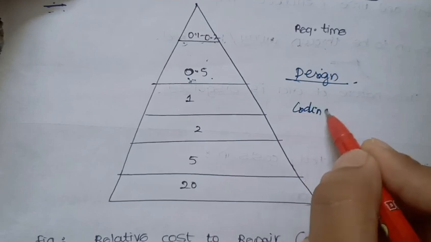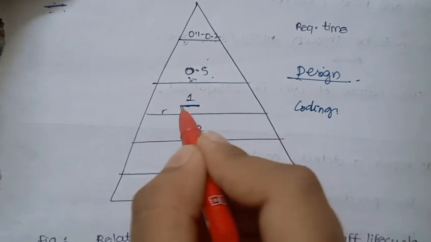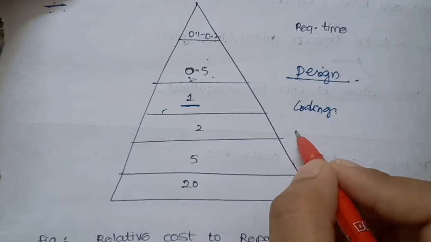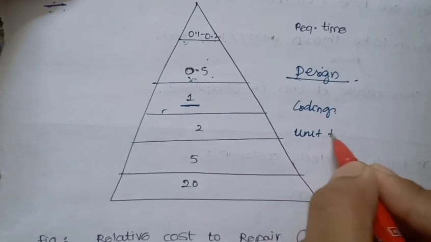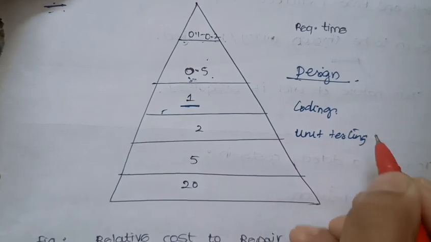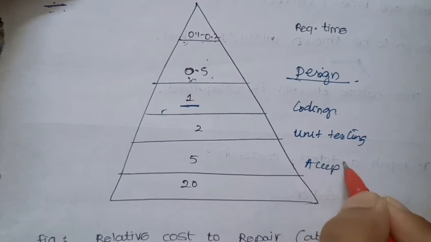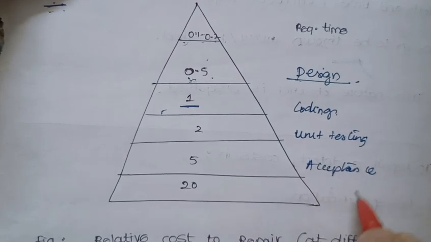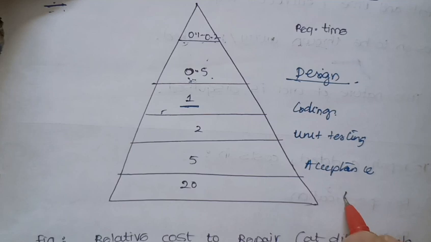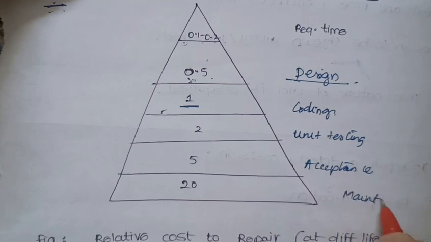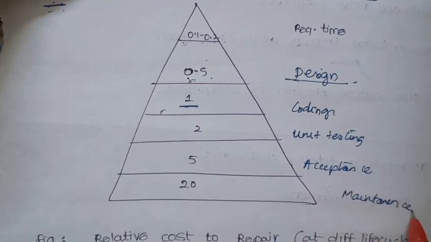In the coding phase, it is 1, and for unit testing it is about 2, and for acceptance testing it is about 5, and then last comes maintenance or implementation. So maintenance comes after implementation, right?